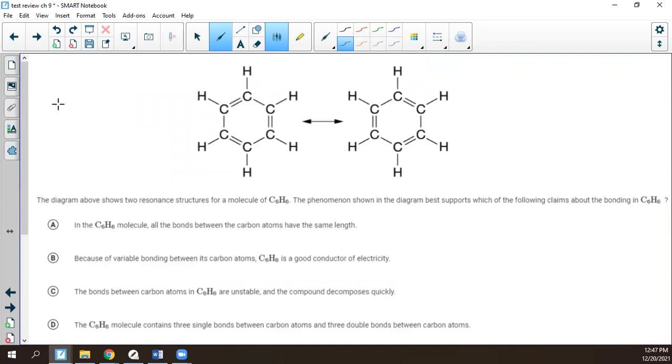Okay, here we go. Hard to read. The diagram above shows 2 resonant structures of the molecule C6H6. The phenomenon shown in the diagram best supports which of the following claims about the bonding in C6H6? It is a resonant structure.